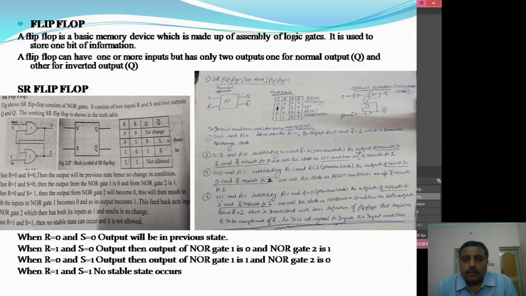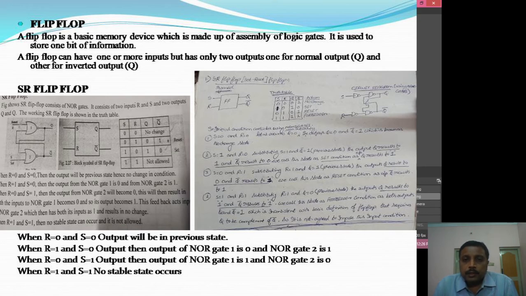So initially when S and R are 0, we will assume the condition as Q and Q bar as 0 and 1. So when S and R are 0, the outputs Q and Q bar are 0 and 1 respectively. So next let me supply R or S equal to 1.